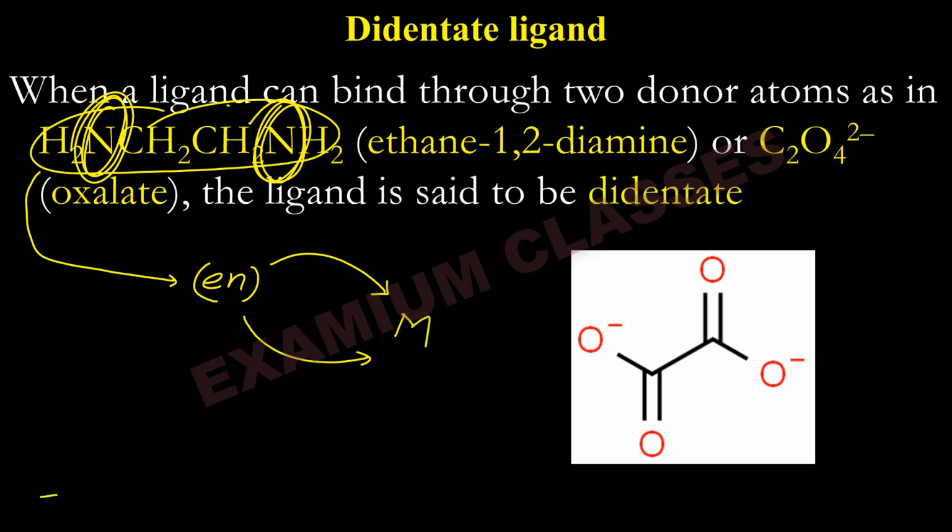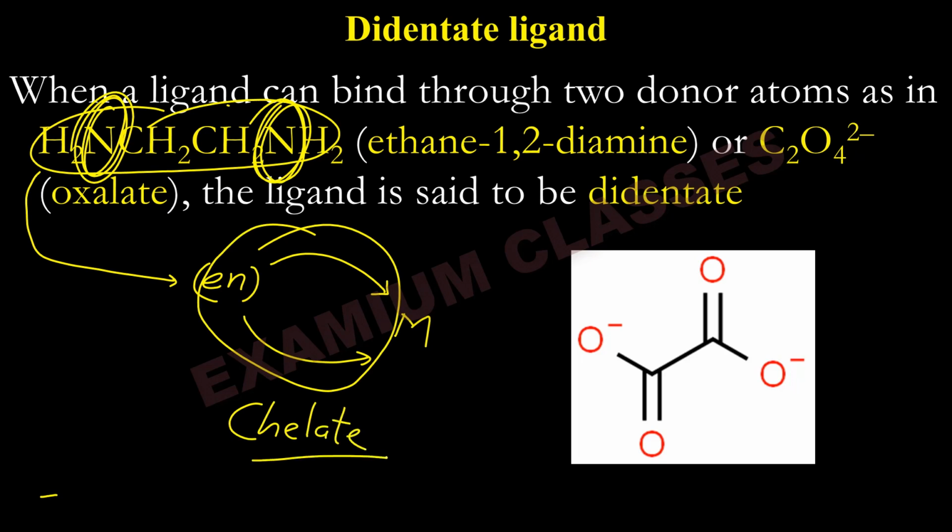Okay. This mechanism, this structure is known as chelate structure. So whenever you have more than 1 coordinate bonds attached to the same central metal atom, we say this is chelate structure. These can be 2, these can be 3, 4, whatever. And this process is known as chelation. So if you are asked what is chelation or what is chelate bond, answer is same.